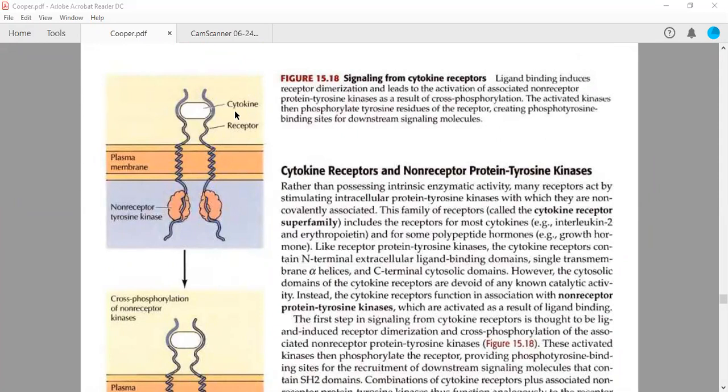These cytokine receptors, for example, are responsible for signaling in certain immune cells. For example, interleukin-2 is responsible for T cell proliferation. The erythropoietin hormone, as you have studied in bone marrow, is required for RBC production, and there are certain other polypeptide hormones, growth hormone for example.